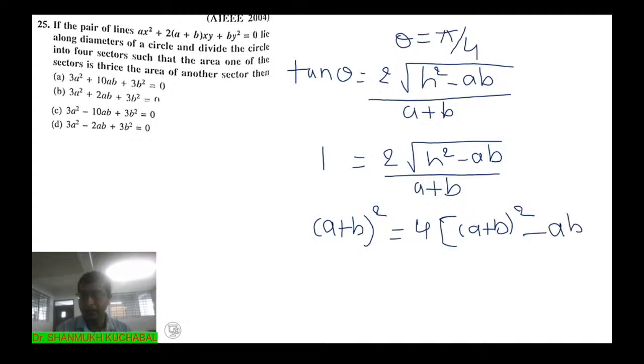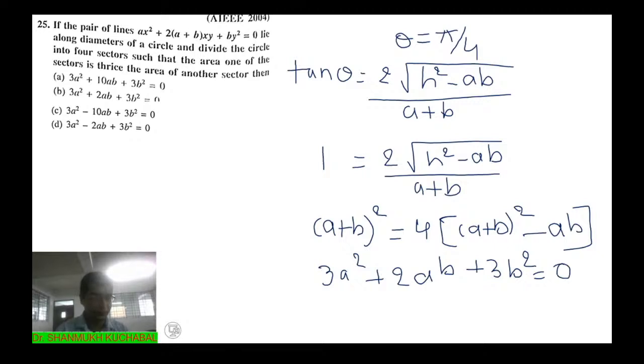If we simplify this equation, we get 3a square plus 2ab plus 3b square equal to 0. Therefore option B, 3a square plus 2ab plus 3b square, is the right answer. B is the right answer. Okay.